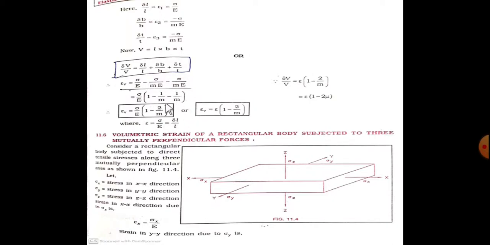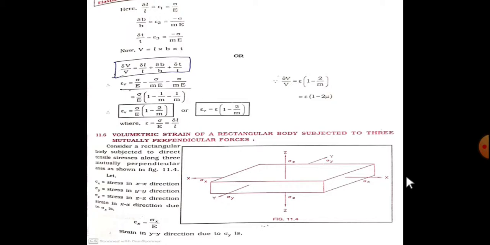So we can take sigma upon E common, giving 1 minus 2 upon m, right. So it is delta V upon V. So we can calculate the volumetric strain from here. Also, we can say that it is strain into 1 minus 2 into mu.